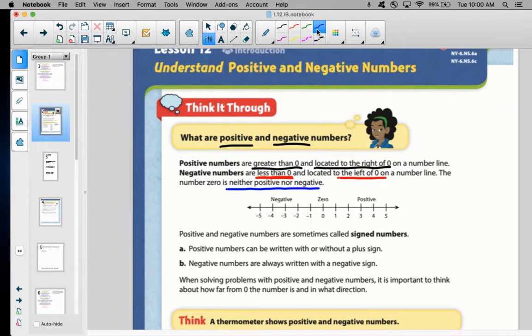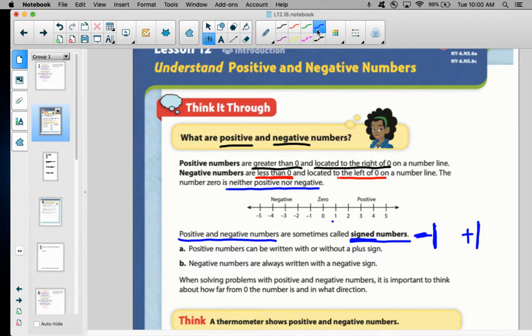So in that same vein, sometimes we refer to positive and negative numbers as signed numbers, meaning they have a sign, either negative or positive, attached to them. So sometimes you'll see that negative symbol right before a number like -1, or you could see it before the number if it is positive.